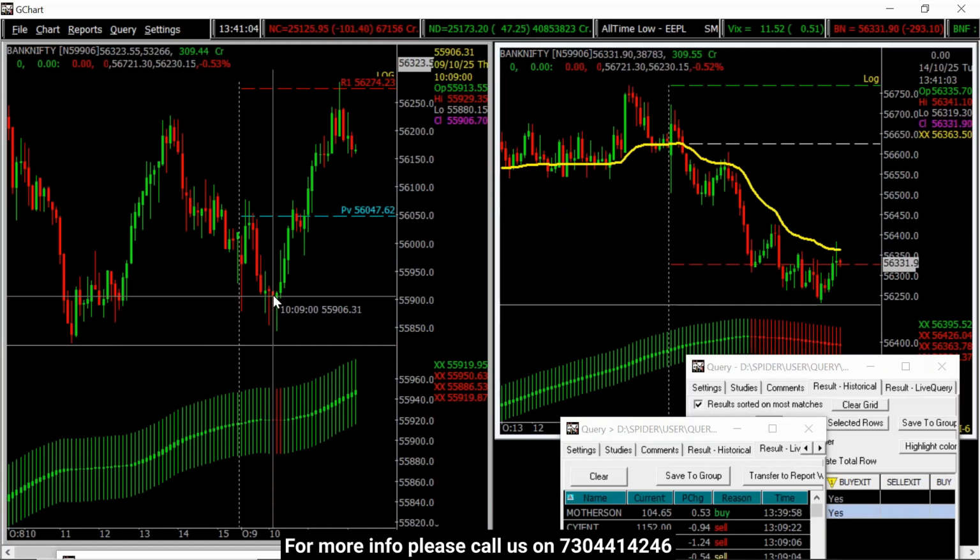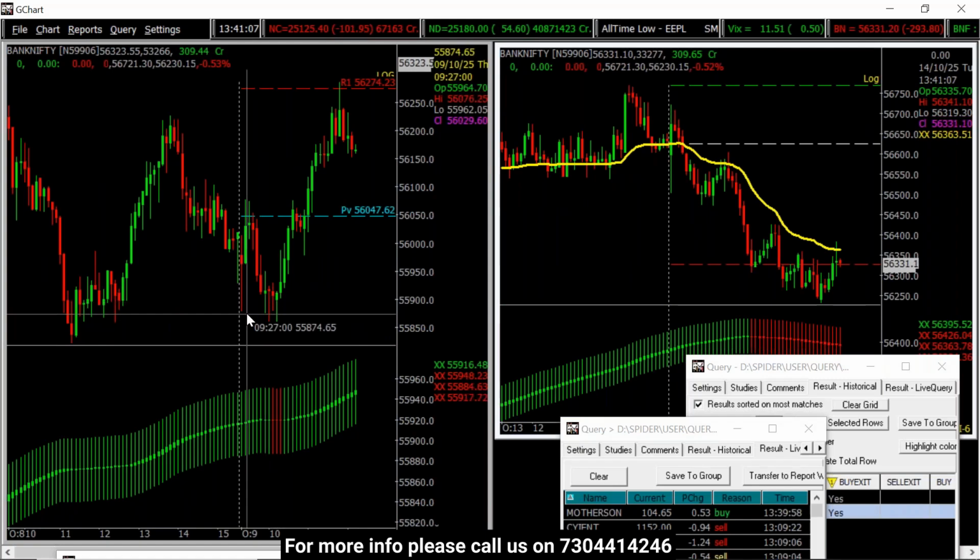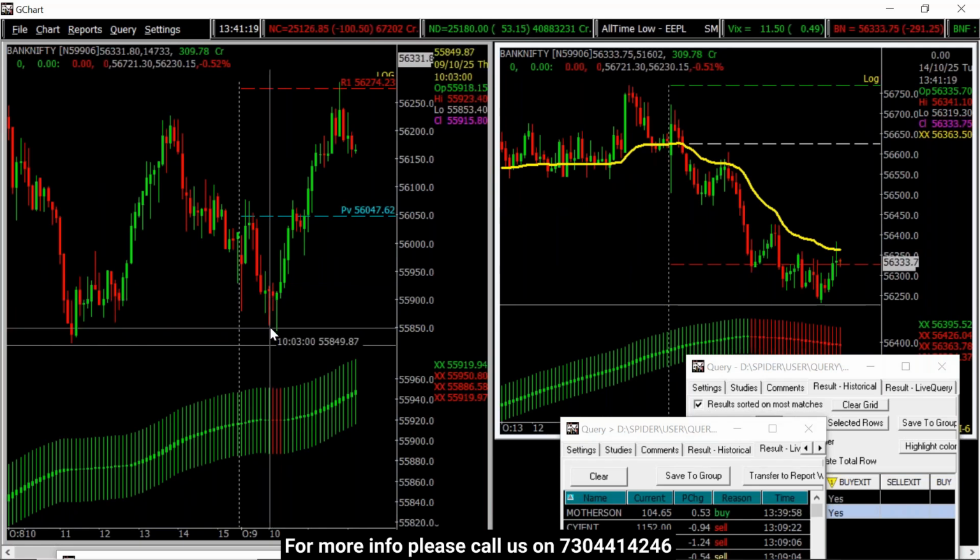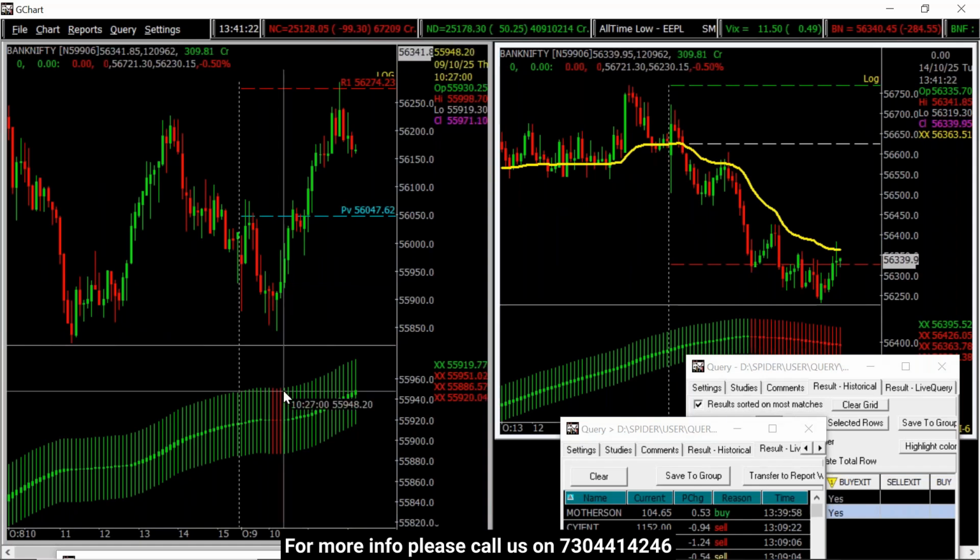If any further candle closes below this lowest low, the market has taken the strength. It has made a low, but it has not made a lower low closing here. So again, Bank Nifty has gone on the buy side.